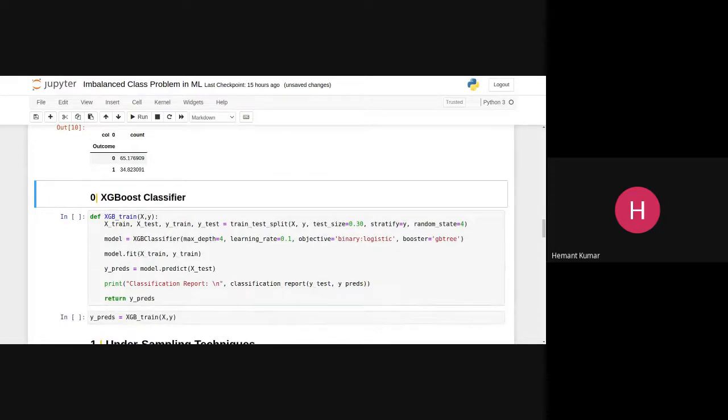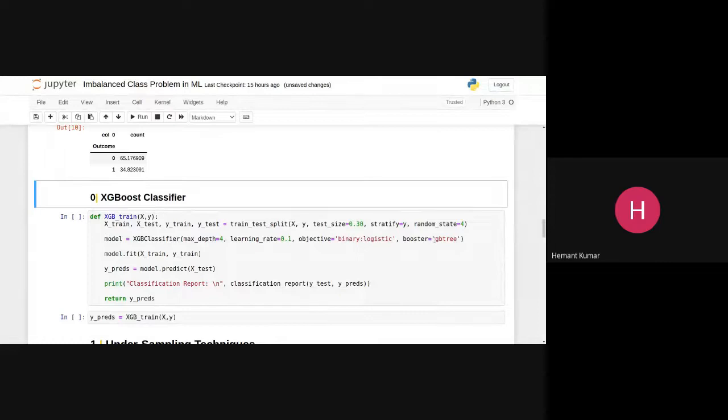We pass X and Y, giving X train and Y train, and split our dataset 70-30, meaning 70% is the train set and 30% is the test set, and the same for Y. Then we apply the model, the XGBoost classifier, with some parameter values, using binary logistic classification.